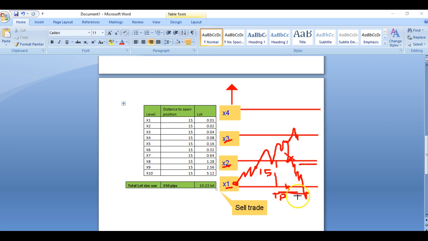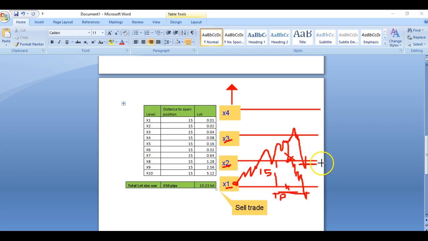Since this one is not closed, this TP will transfer over here, and this X1 and X2 will follow this TP, and then this X3 will follow this TP.